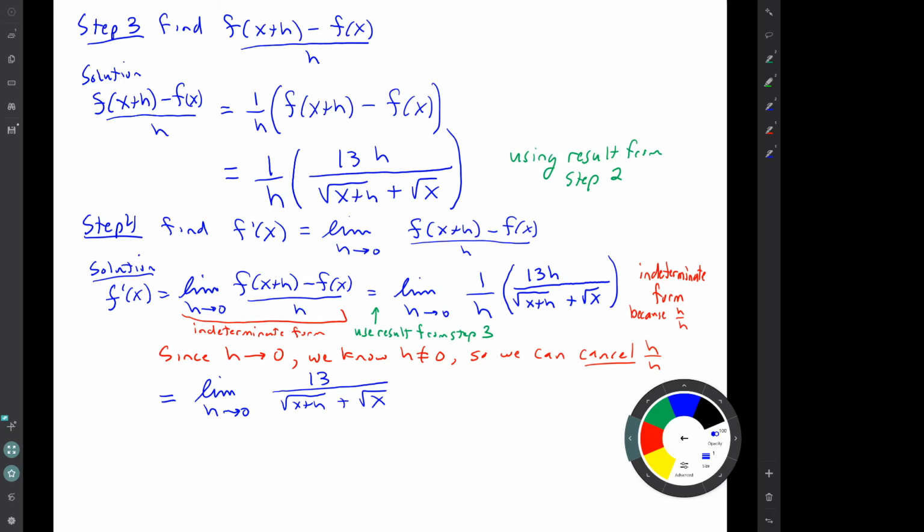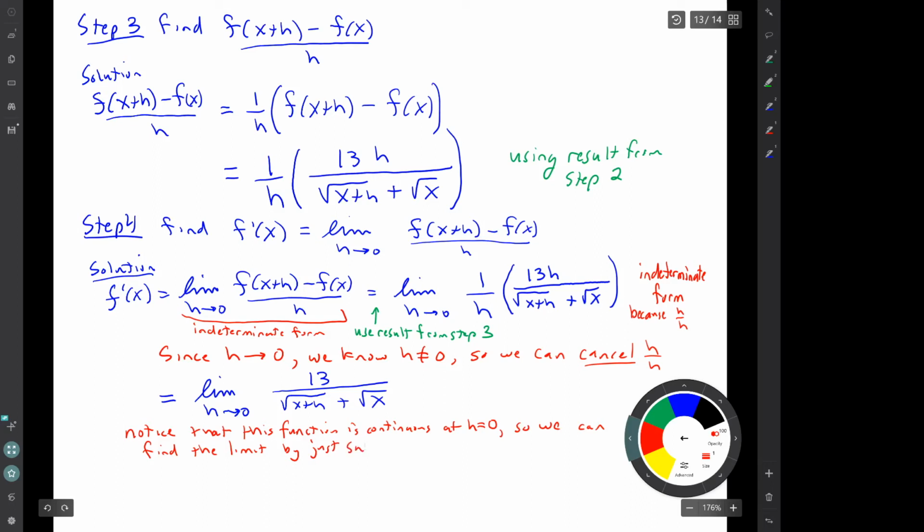Basically, if you have a function that is continuous at your x value, then you can find the limit by just substituting in the x value. So we just substitute in h equals 0.